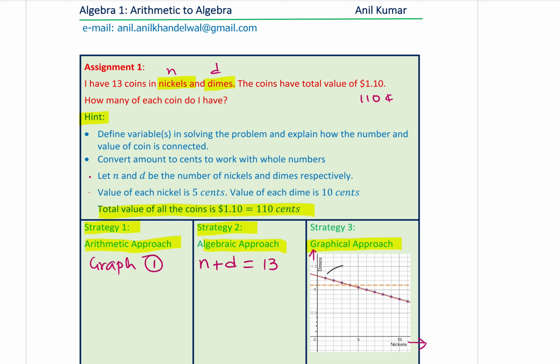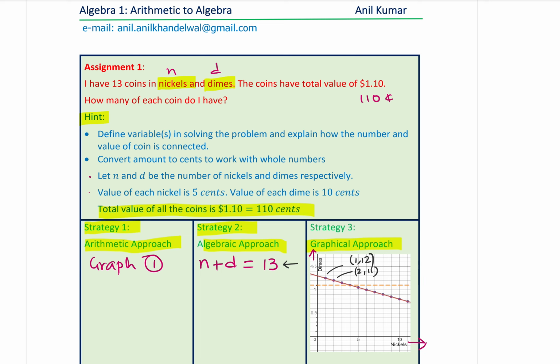So this point here is 1, 12, 1 being the number of nickels, 12 being the number of dimes, and we get the first point. Likewise, you can plot the points, right? So that will be 2, 11. So we have different points which are represented by the equation n plus d is equal to 13. Right. So we have this equation.